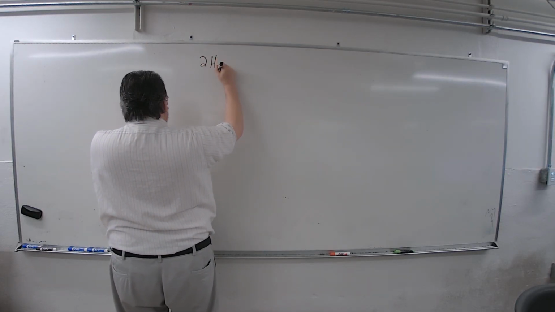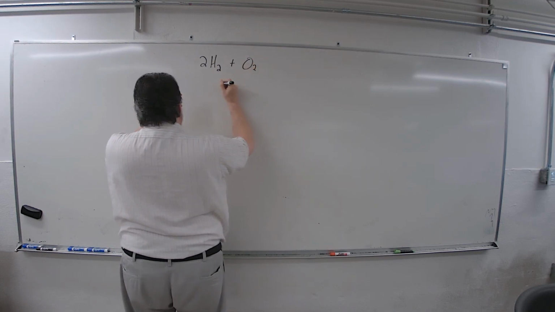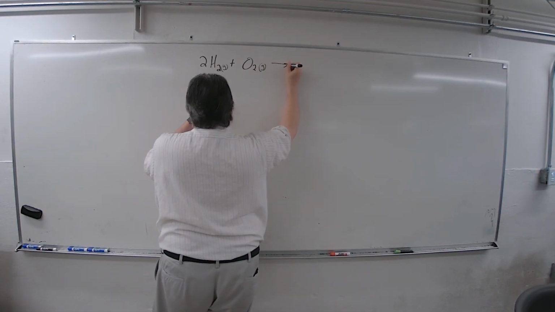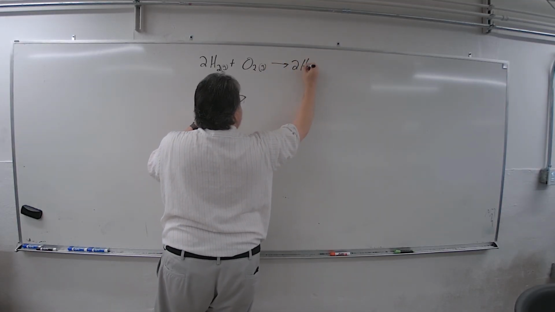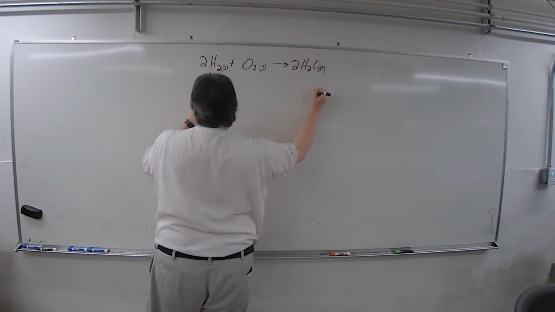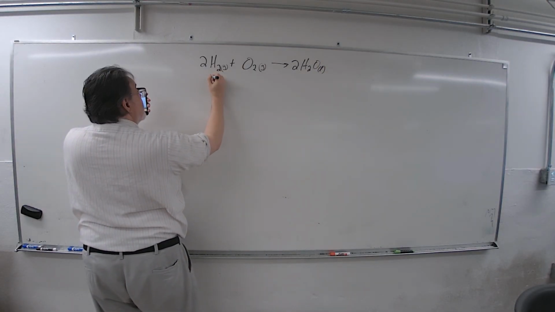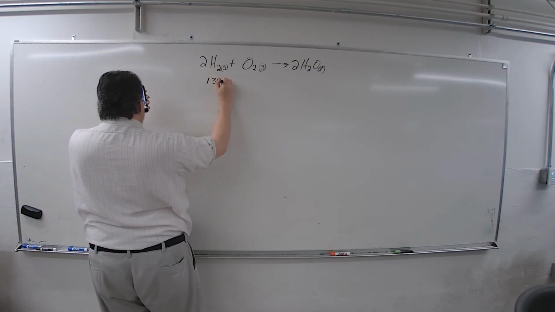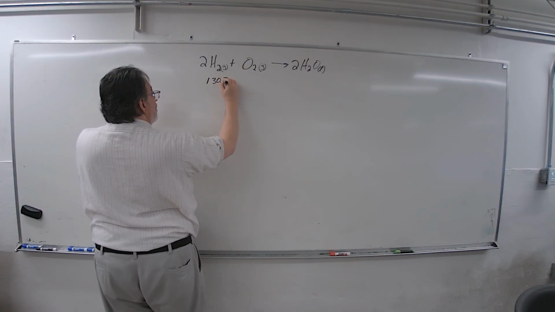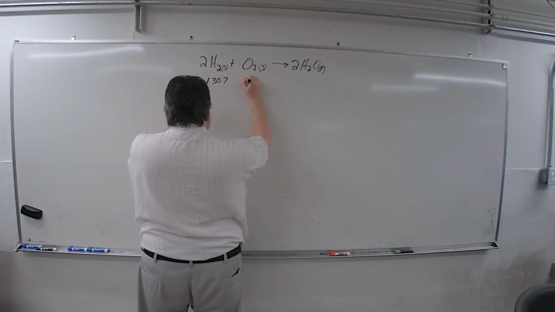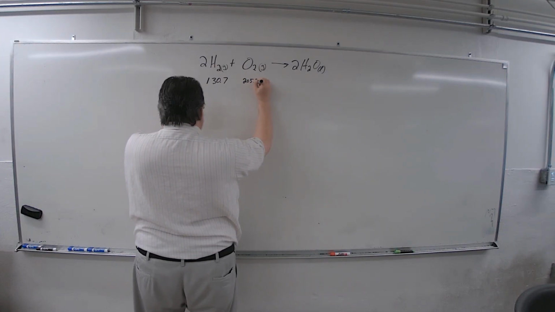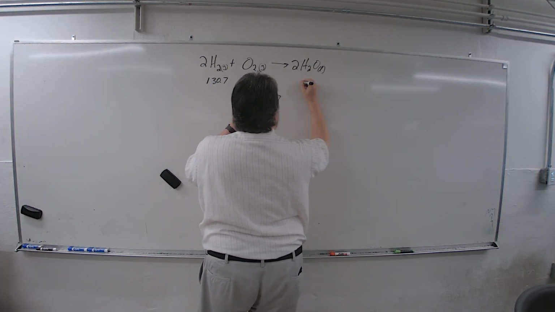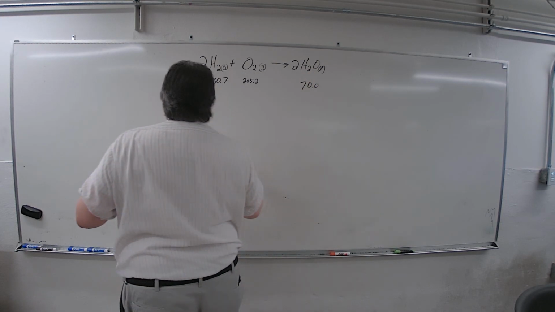Just do this one. No, I didn't do this. 2H2 plus O2. This is H2 gas. O2 gas. Value for H2 gas is, O2 gas is 205.2. I've gone back to the entropy now. H2O liquid is 70.